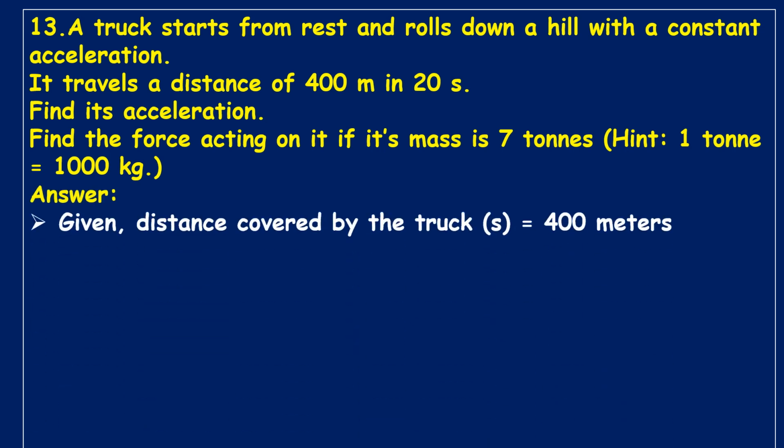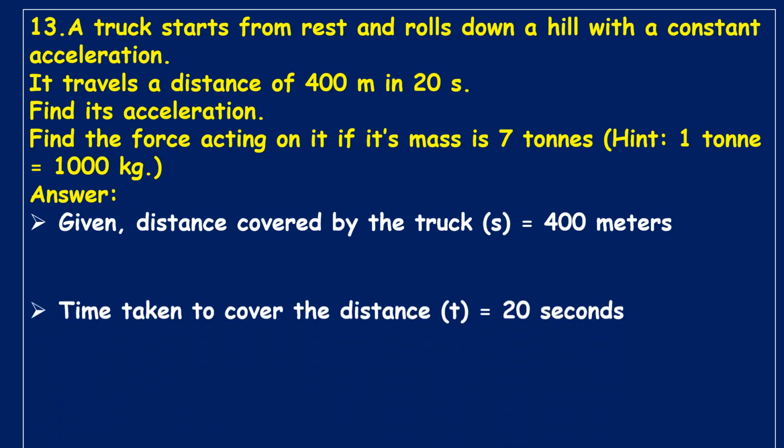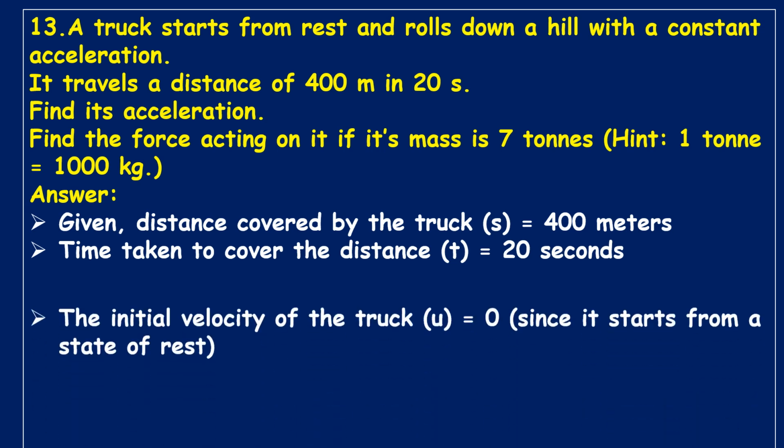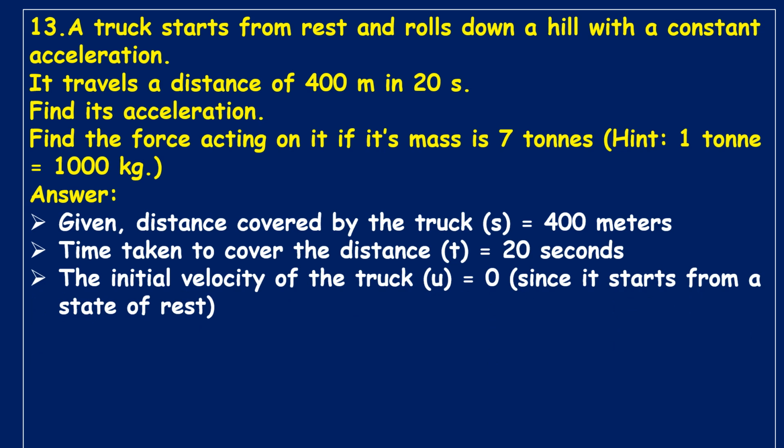given data: the distance covered by the truck, S, equals 400 meters. Time taken to cover the distance, T, is given as 20 seconds. Then what is the speed here? Distance upon time, 400 by 20, is 20 meters per second. The initial velocity of the truck, u, is 0, since it starts from rest.